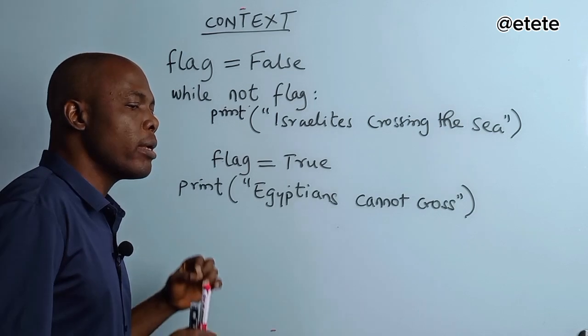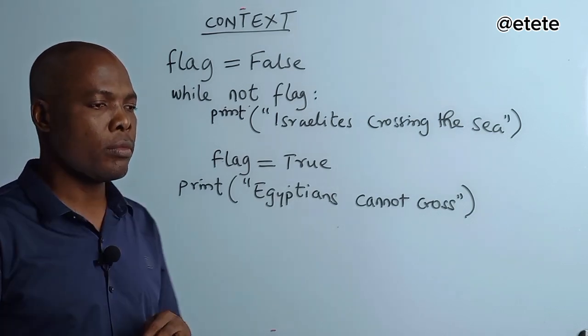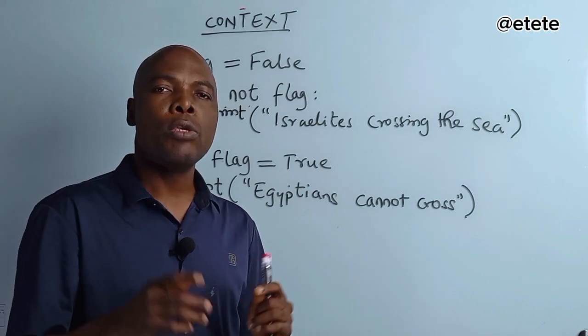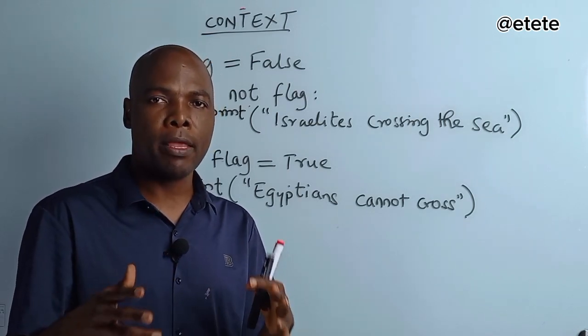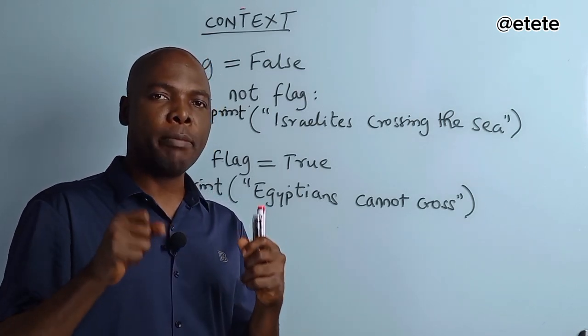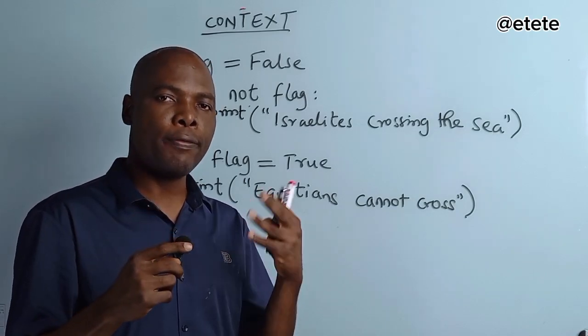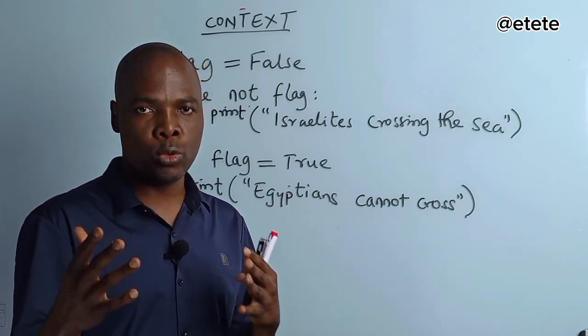which contains this word false. Now, let me give you an analogy to interpret this. You have the gatekeeper, right? So the gatekeeper has two flags. One is false and the other one is true.